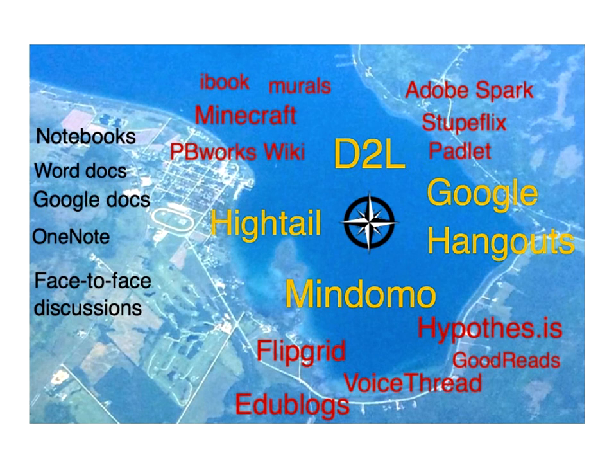So D2L is the platform where we all go in and we can use the threaded conversations. We can use the back channel, especially when we have Google Hangouts. We put our Mindomo pieces in there. Teachers and students can add visuals. We put our handshakes in there. Lots of different things go on inside of the D2L platform.